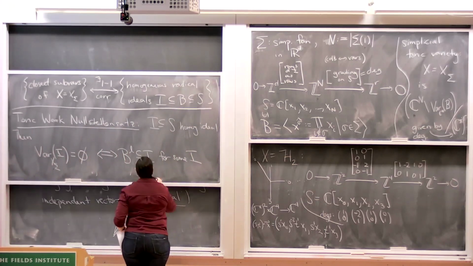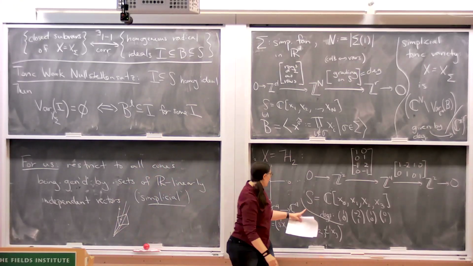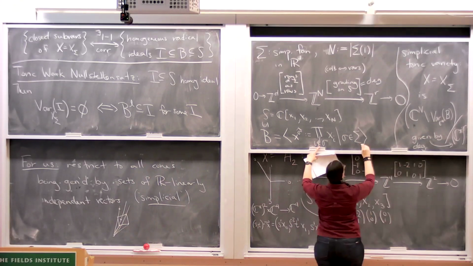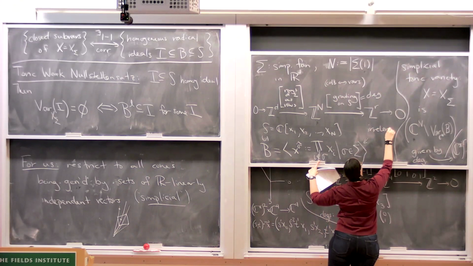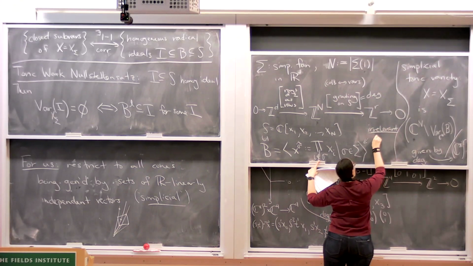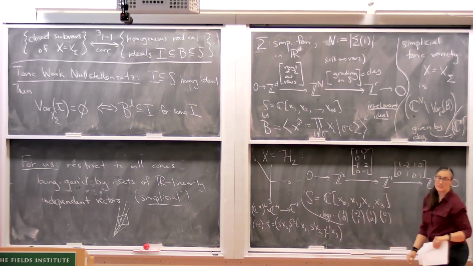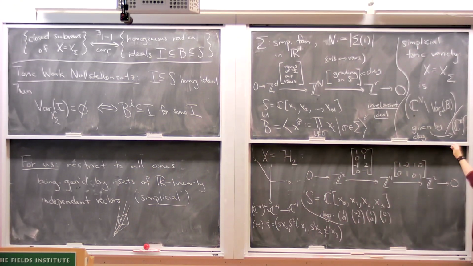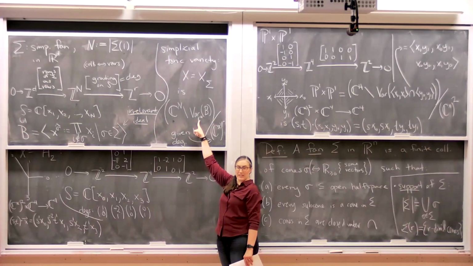Okay. And the answer is that some power of this B, which I'm going to call the irrelevant ideal, some power of this irrelevant ideal lives inside your ideal. That forces essentially your variety to only involve points that we took away.